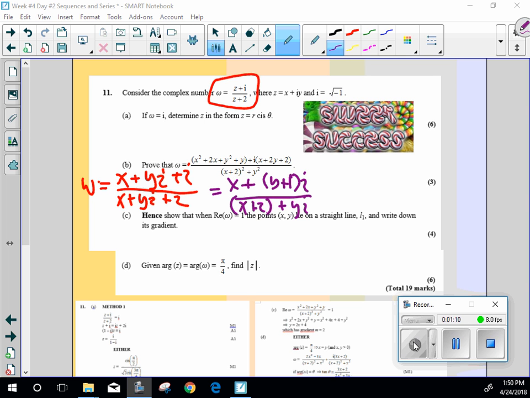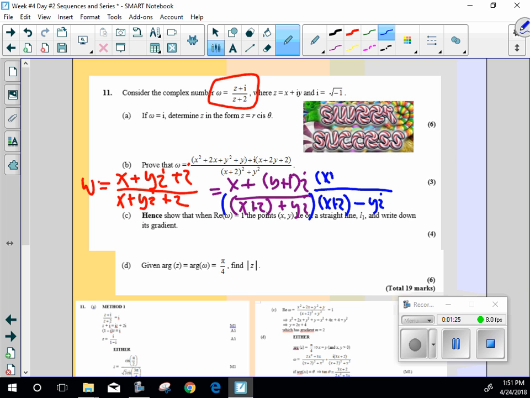Right, we're going to multiply this by the conjugate. Now the conjugate is not pretty in this case. It's x plus 2, minus yi. And so this is going to be x plus 2 minus yi. I'm going to put parentheses around here.